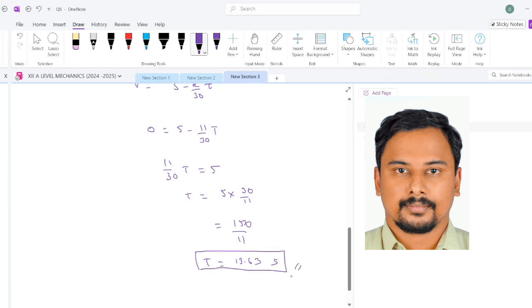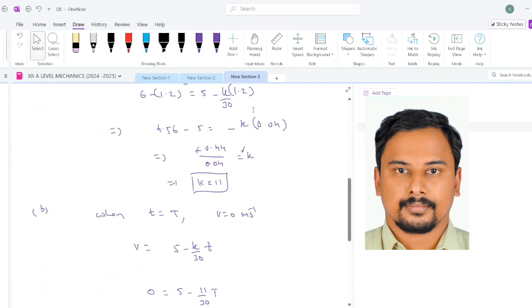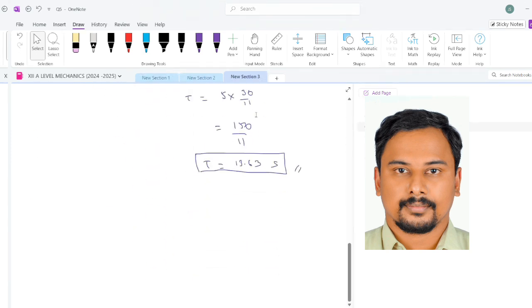Next, part C. Work out the average acceleration of the boy over the period from 0 seconds to the total time, T seconds, they are asking. Okay, so we have to find the average acceleration.